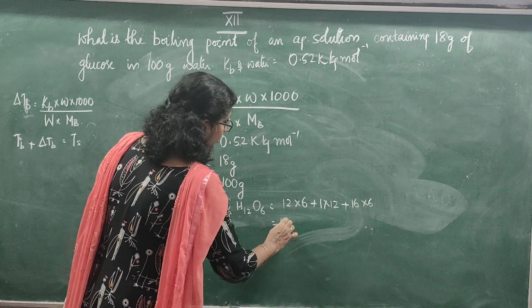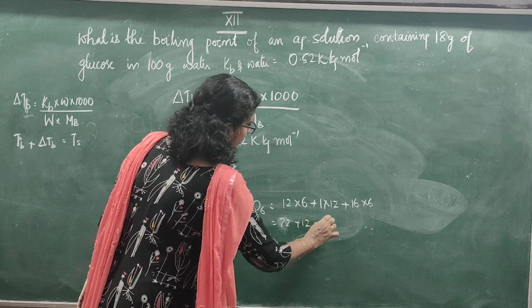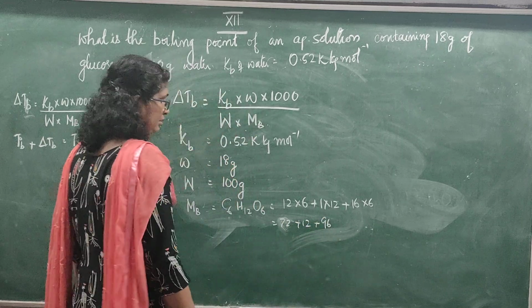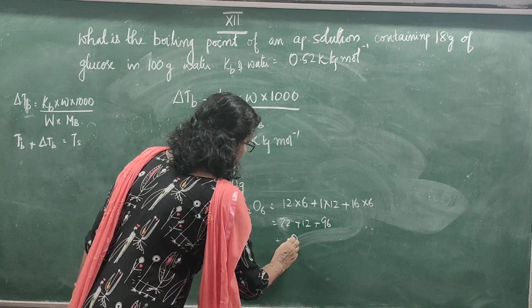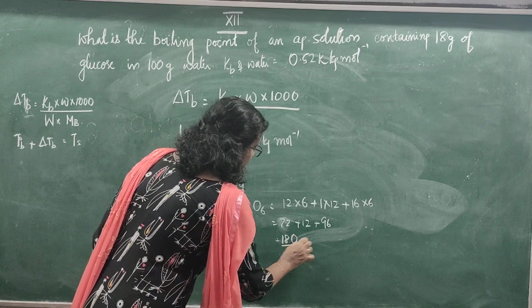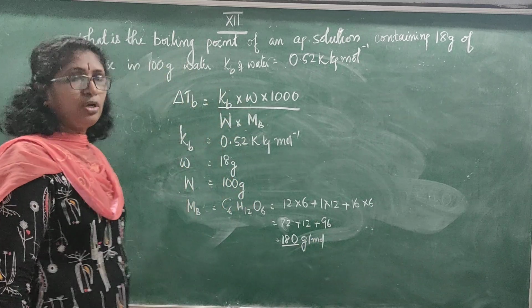That is equal to 72 plus 12 plus 96, which is 180 gram per mole. That is the molar mass of glucose.